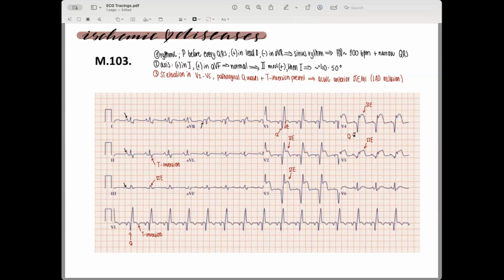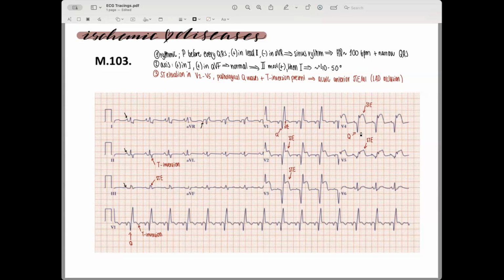You do see it in at least 2 consecutive leads, in V1, V2, V3, V4. In the chest leads, V5 is the first lead where you can normally see a Q wave, and maybe sometimes V1 as well, as a QS complex. But there is no Q in V2, no Q in V3, and no Q in V4. Here you do see it.